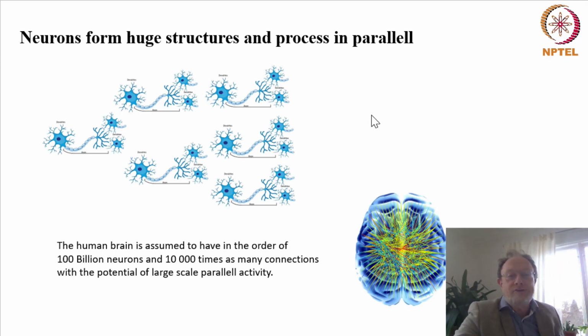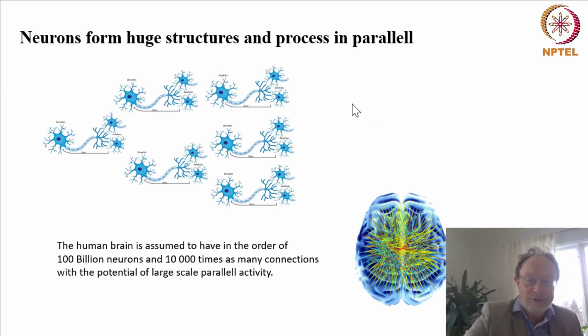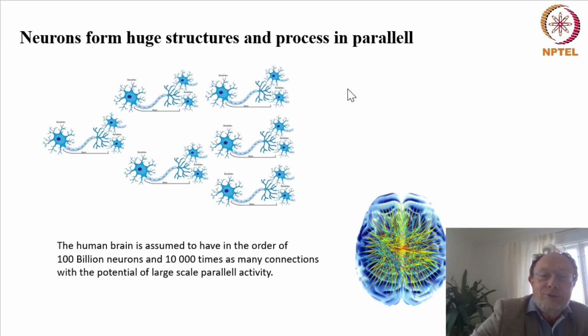So, in contrast to the artificial systems that are still of a reasonable size, real neural systems are huge and process in parallel at a huge scale. To give you a figure, the human brain is assumed to have in the order of 100 billion neurons, and a huge number of connections.